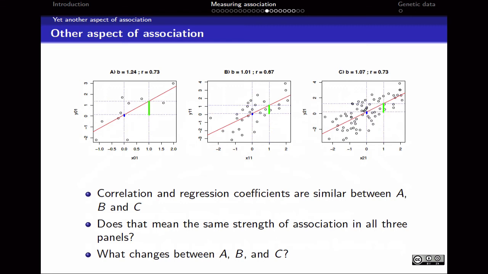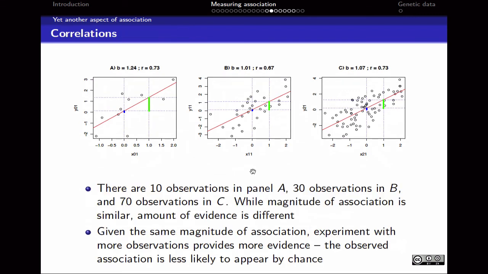To answer this question, we need to first look at what is changing between A, B and C, and we can figure out that there are only 10 observations in panel A, 30 observations in panel B, and 70 observations in panel C. So while the magnitude of association, measured with the coefficient of regression and correlation coefficient, stays more or less the same, the amount of data points, the amount of evidence that this association is true, is different.